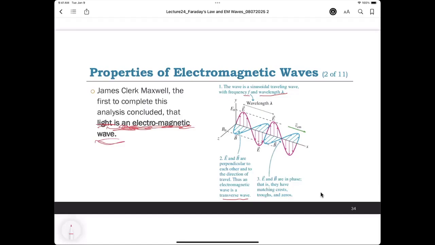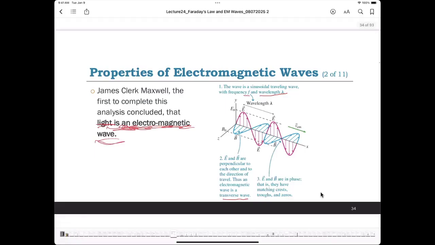This tells us why: E and B are perpendicular to each other and to the direction of travel. And E and B are in phase. That is, they have matching crests, troughs, and zeros.